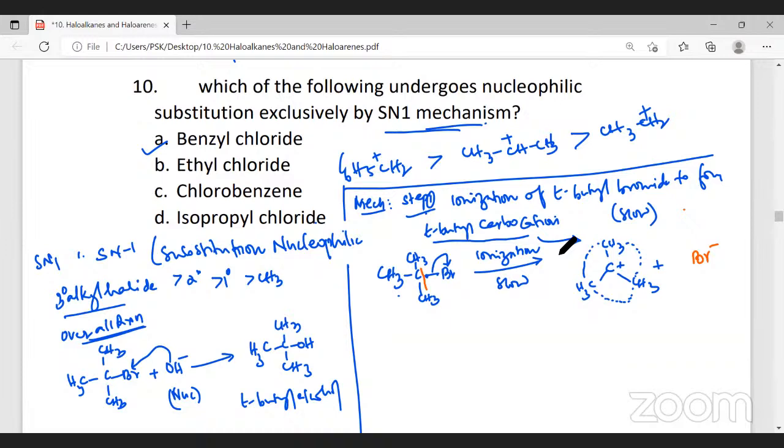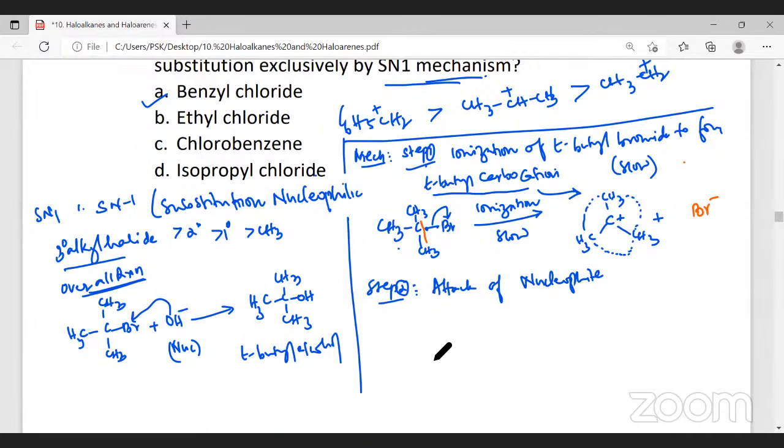This process is a slow process. Now, since this carbon has a positive charge, it will be highly reactive. The second step is attack of nucleophile on the carbocation. This is the carbocation we learned in the first step.